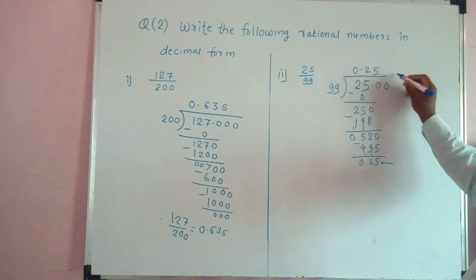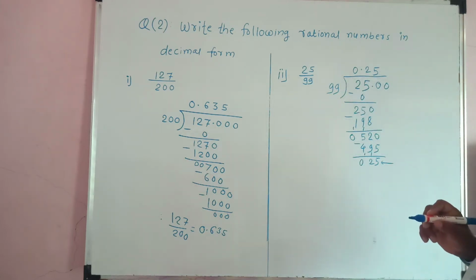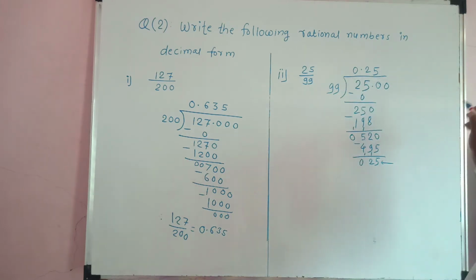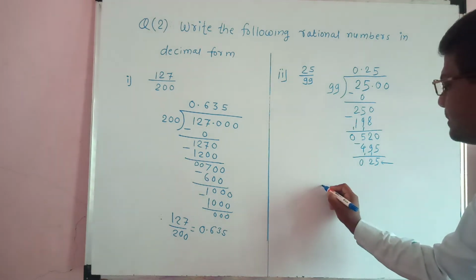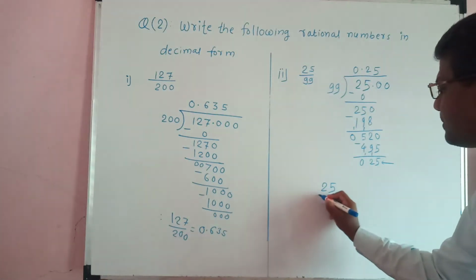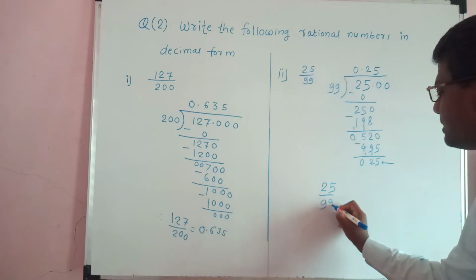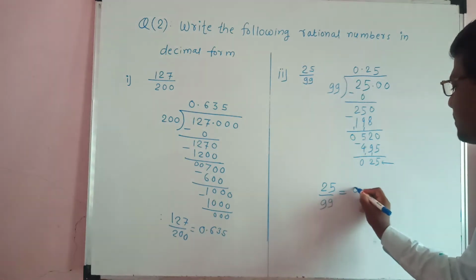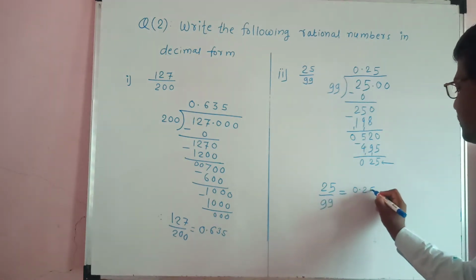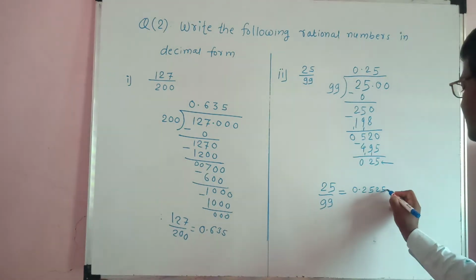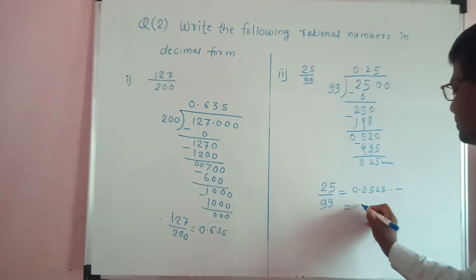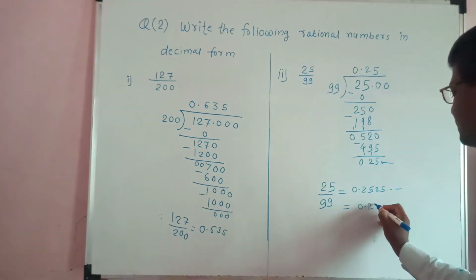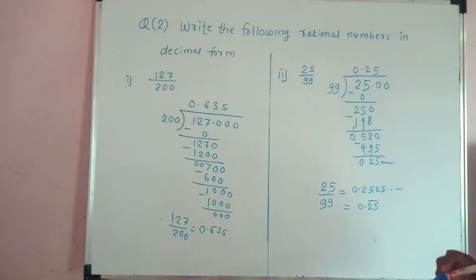So the quotient will go on repeating as 25, 25, 25. So we write 25 upon 99 is equal to 0.2525 and so on, is equal to 0.25 bar.